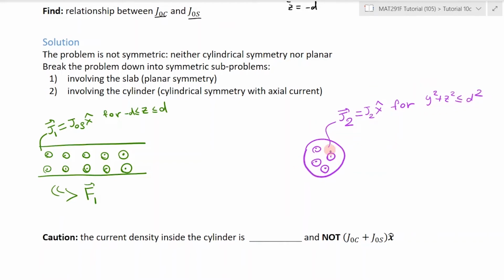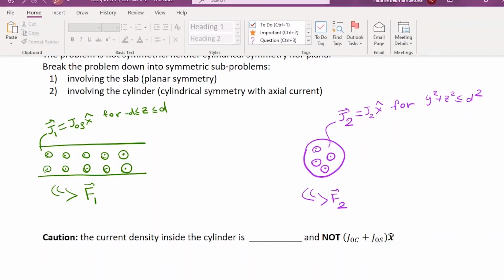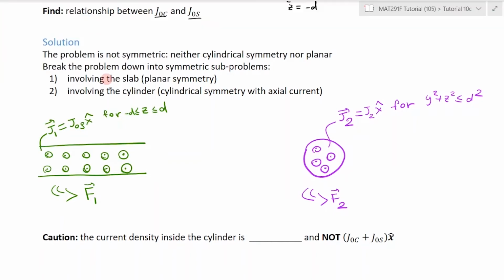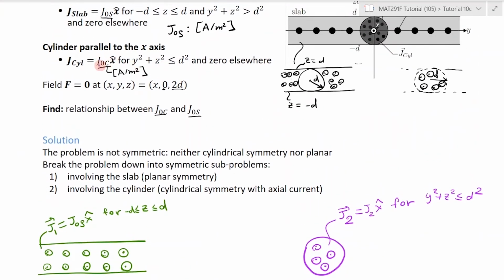And this cylinder is going to produce the field called F2. Now, we need to be really careful with what we call this J2. It's really tempting to make J2 just equal to this guy, J naught C.